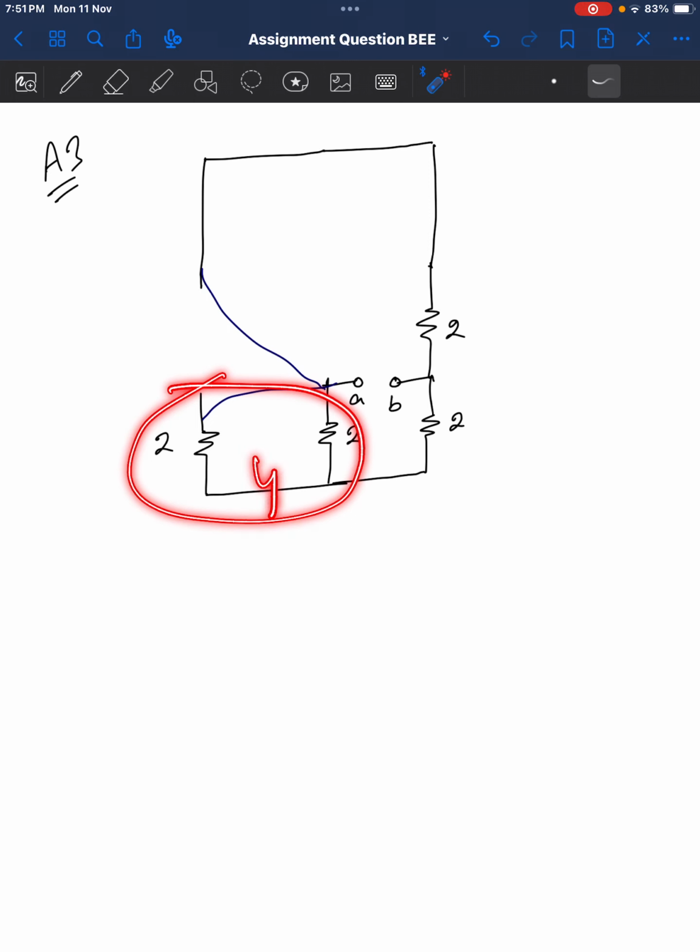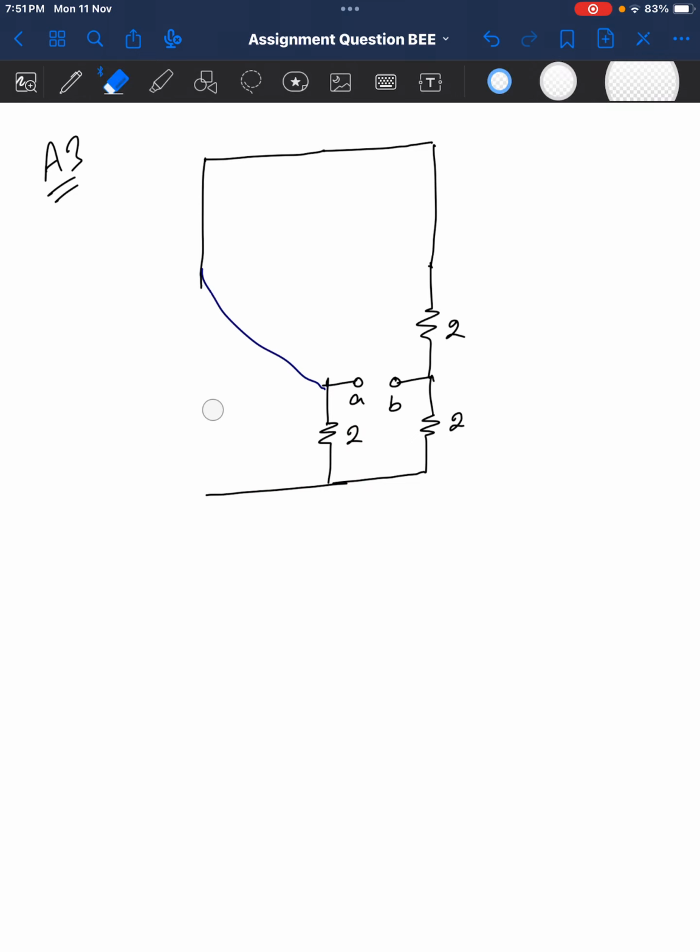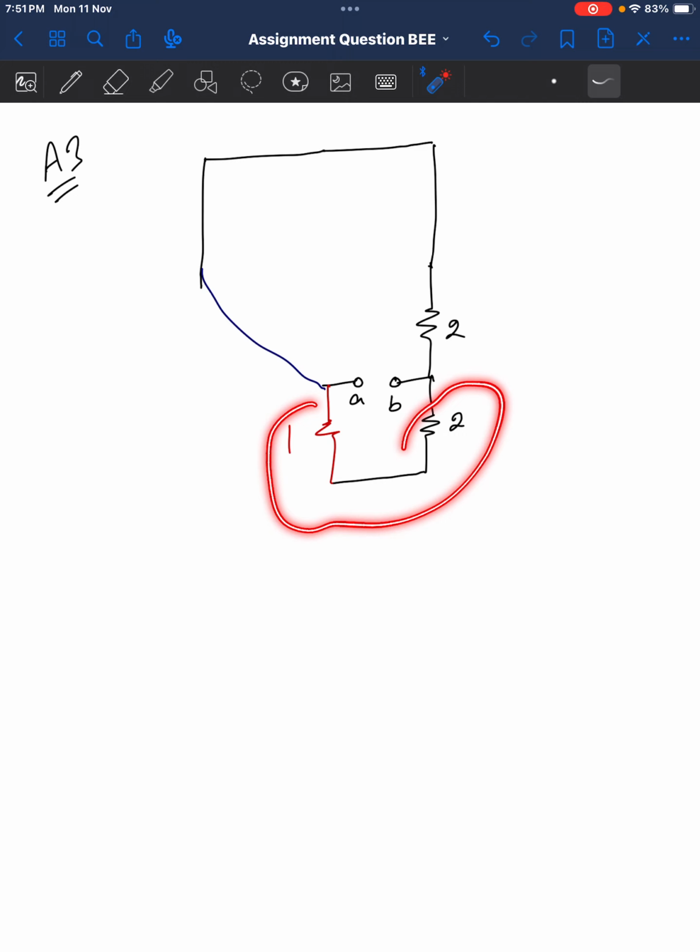Together they are parallel, meaning 2 and 2 in parallel is 1 ohm. So I will remove these two and say that this is a 1 ohm resistor. Now one side we have 1 plus 2, which is 3 ohms, and the other side we have 2 ohms.